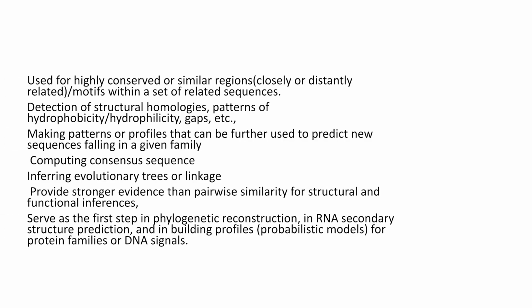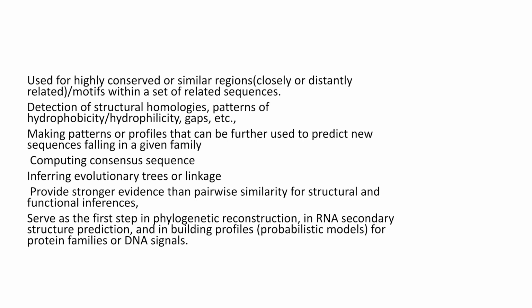So, what are the uses of multiple sequence alignment? It is used for finding highly conserved or similar regions, closely or distantly related motifs within a set of related sequences, detection of structural homologies, patterns of hydrophobicity and hydrophilicity, and gap patterns or profiles that can be further used to predict new sequences falling in a given family.